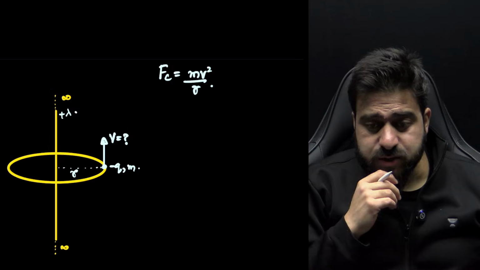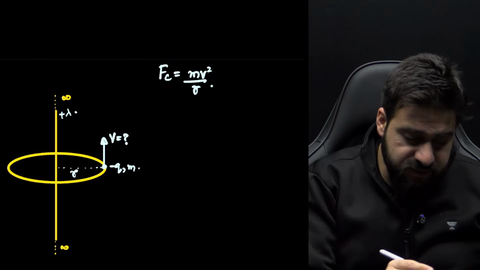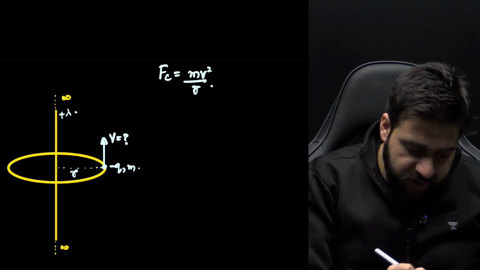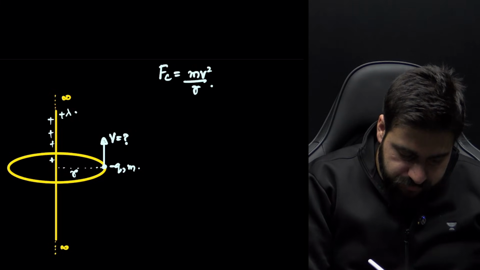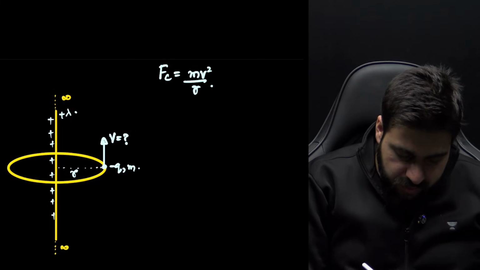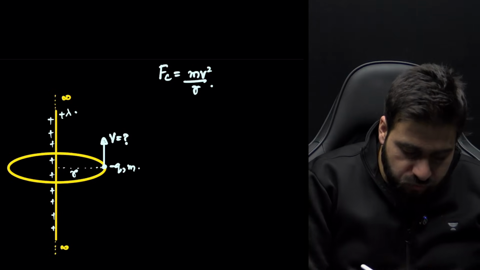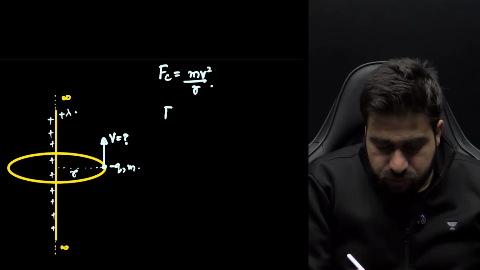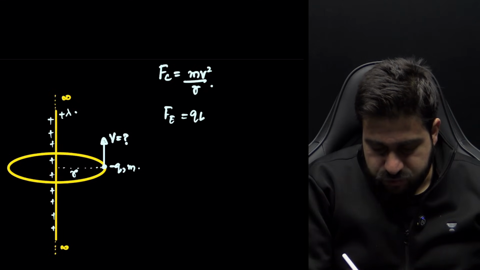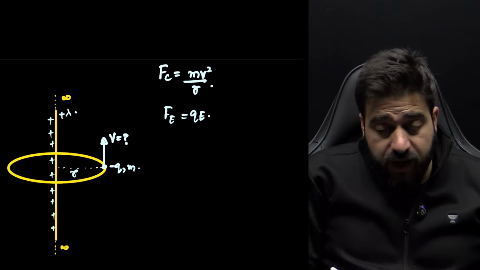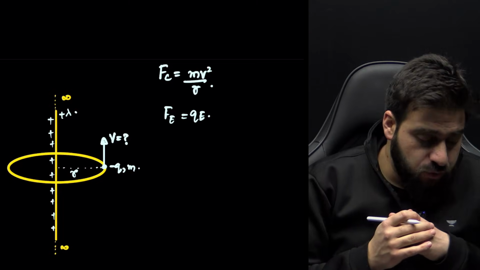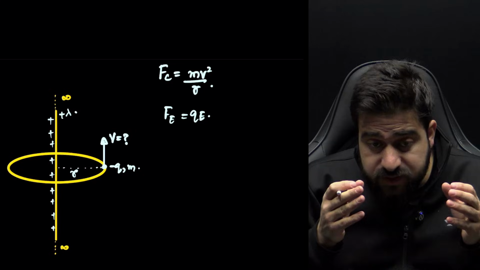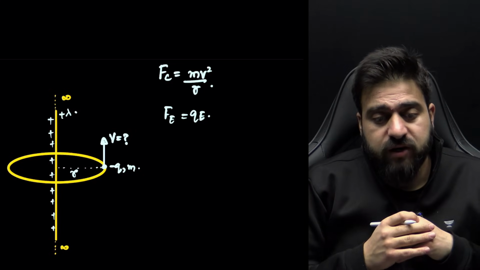And my dear NEET aspirants, in this particular case, there is a rod wire, and on this wire the charge is positive. Due to this rod also, force will act on the charge, electrostatic force, and that electrostatic force will be Q times E. I have told you many times, make the centripetal force equal to the electrostatic force.